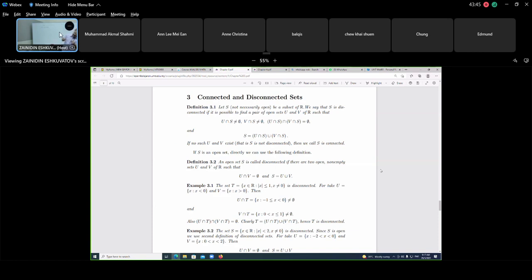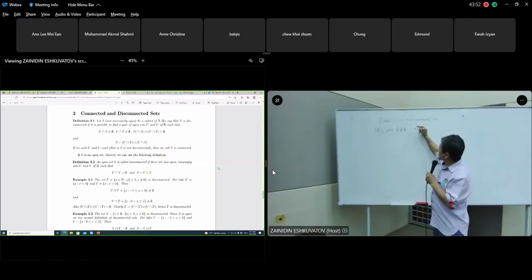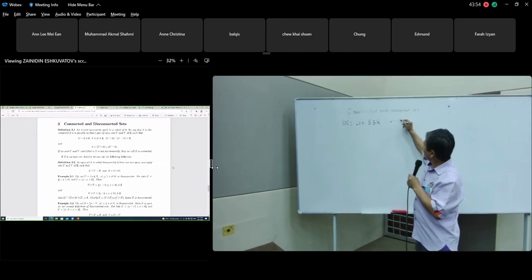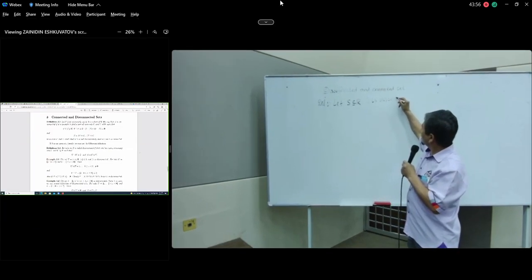A subset S of R is disconnected. Connected.